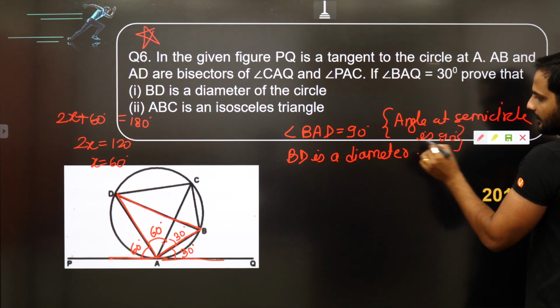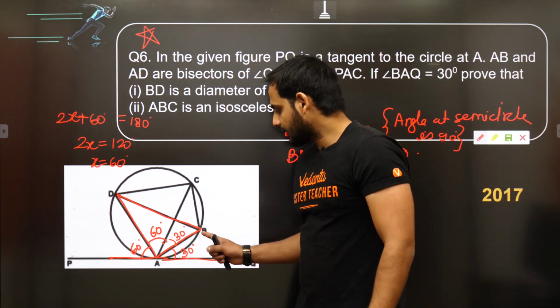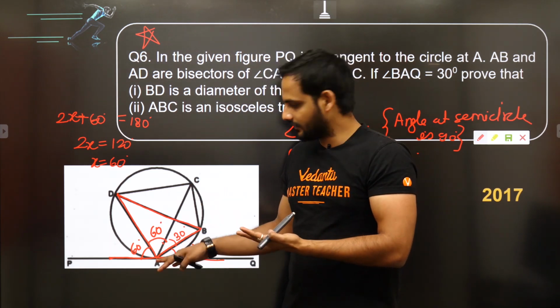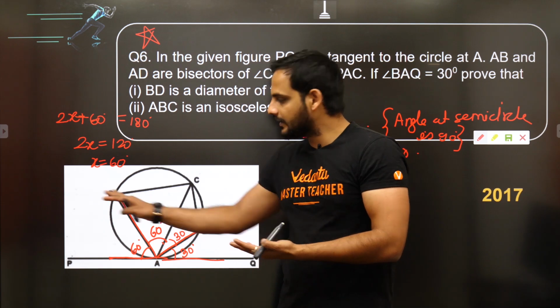So we already got it. That means ABD is forming a triangle with the angle at the semicircle, so BD is a diameter.